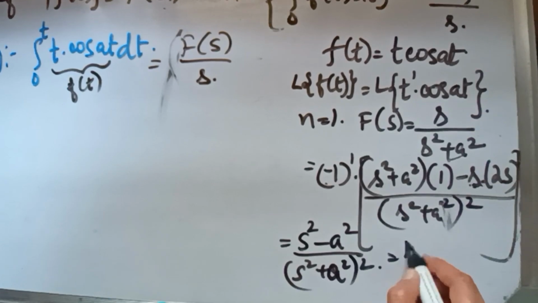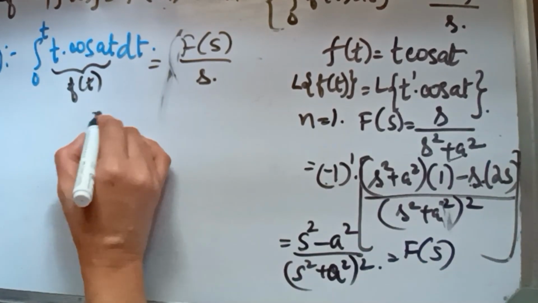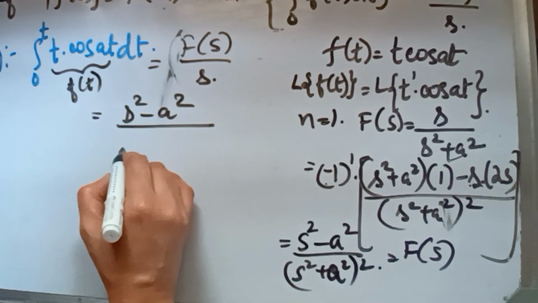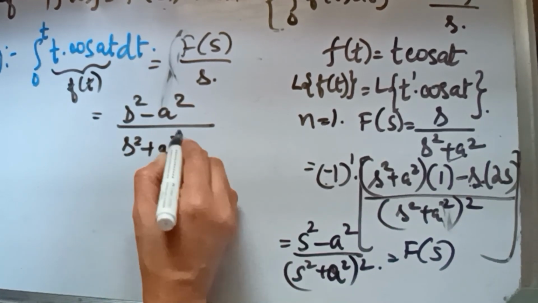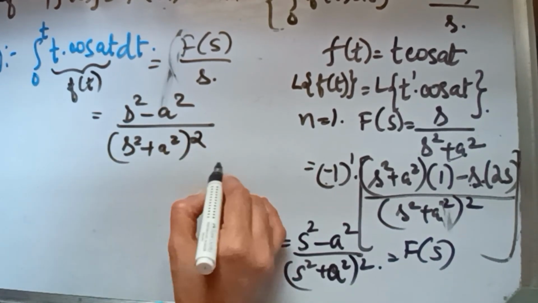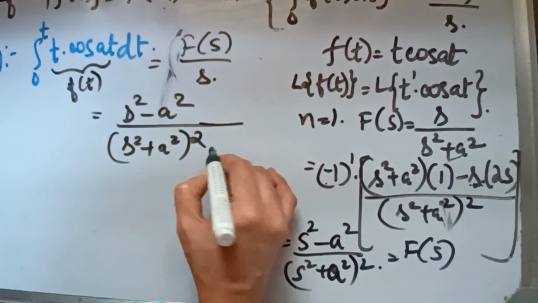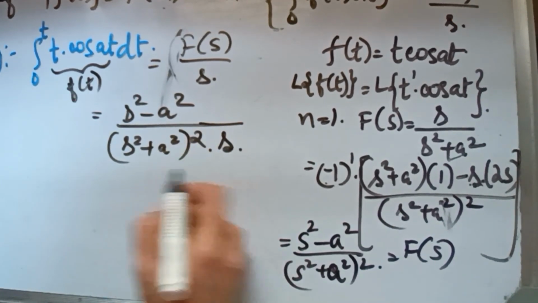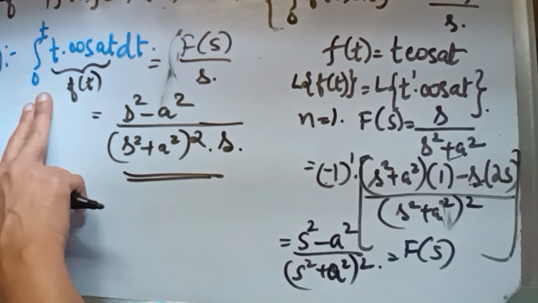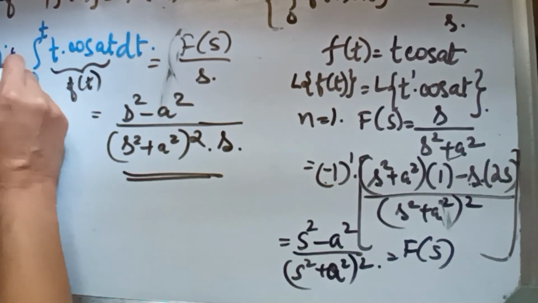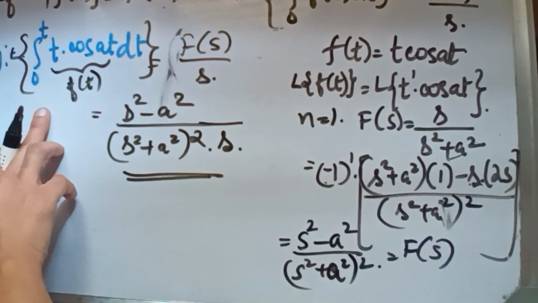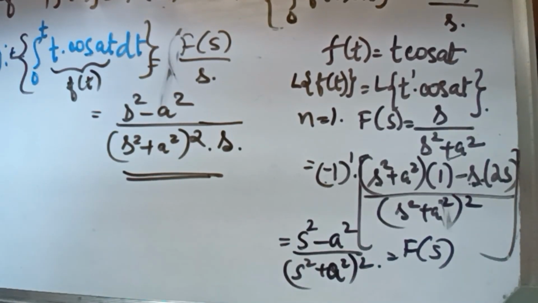So this is your F of s. Substitute here: (s square minus a square) divided by (s square plus a square) whole square, divided by s. So you can write it as multiplied by s here along with this term. This gives you the Laplace transform of this function which involves the definite integral.